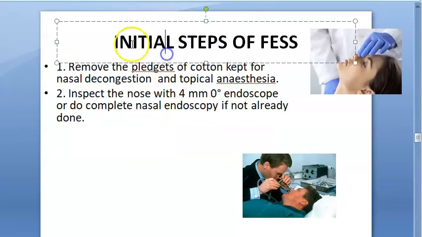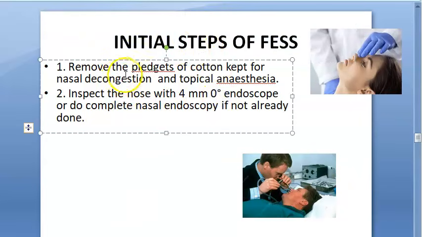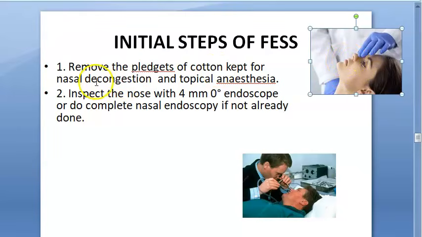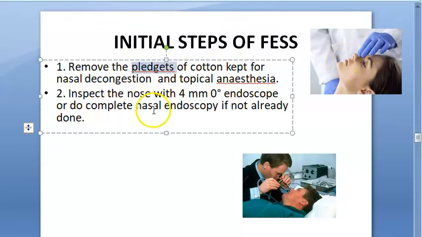Now in this video we want to focus on the steps of FESS. Look at the initial steps. First of all, if cotton pledgets were kept in the nose, you remove them.